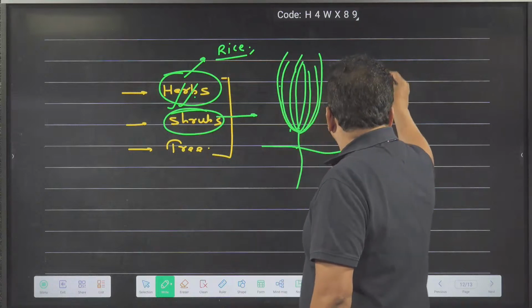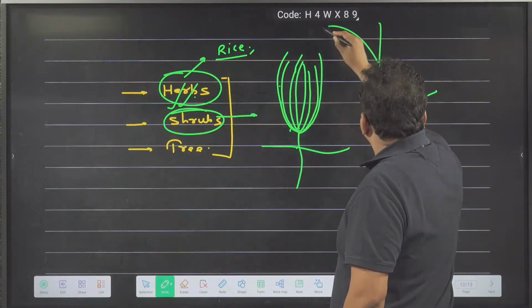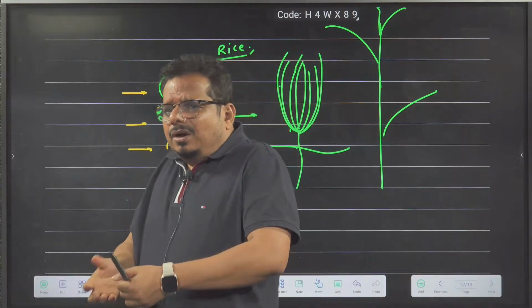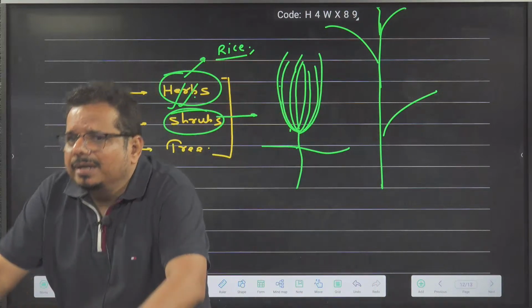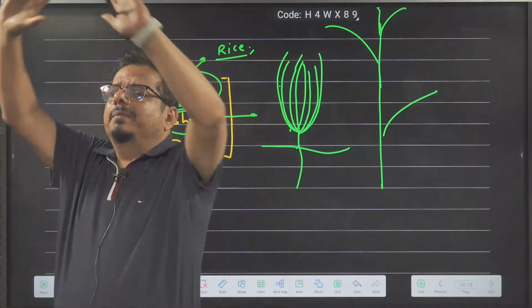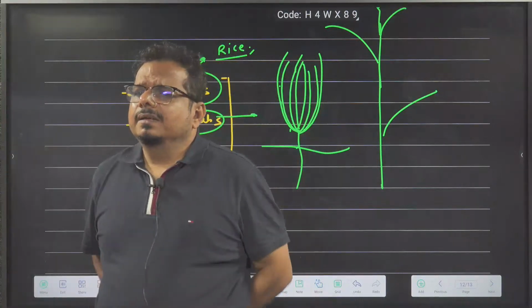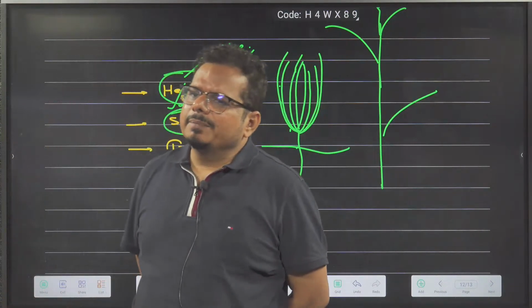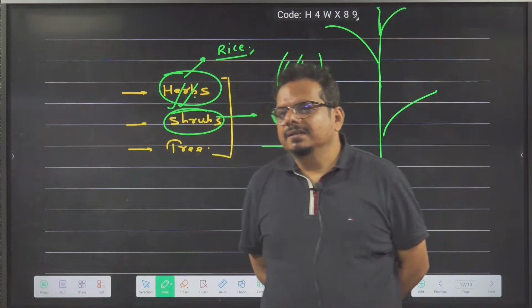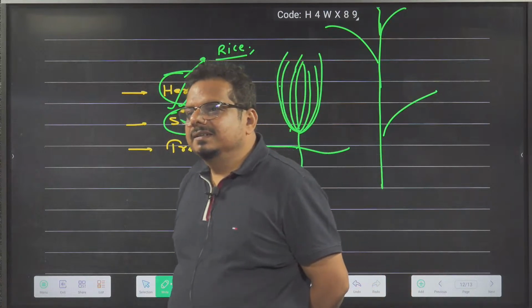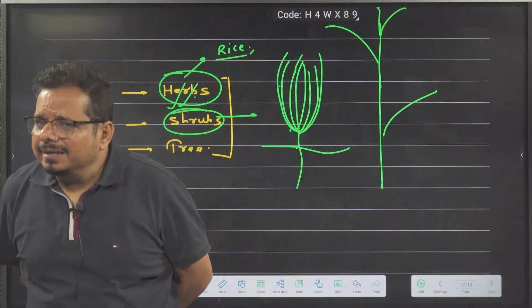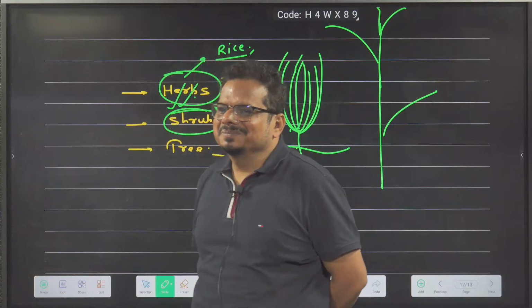It does not happen that one branch is from here, another branch from here, another branch from here at the top. Almost every branch comes from the base or near the base of the soil, and they make a bushy appearance. Tulsi-like plants are shrubs. Rose-like plants are shrubs. Even you can place lemon in the category of shrubs.